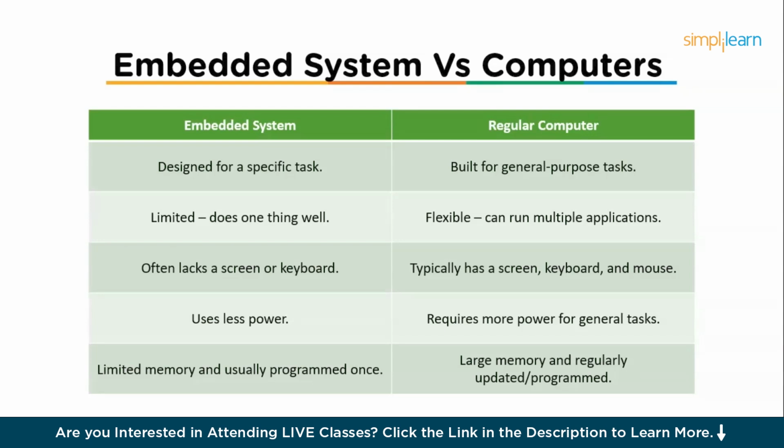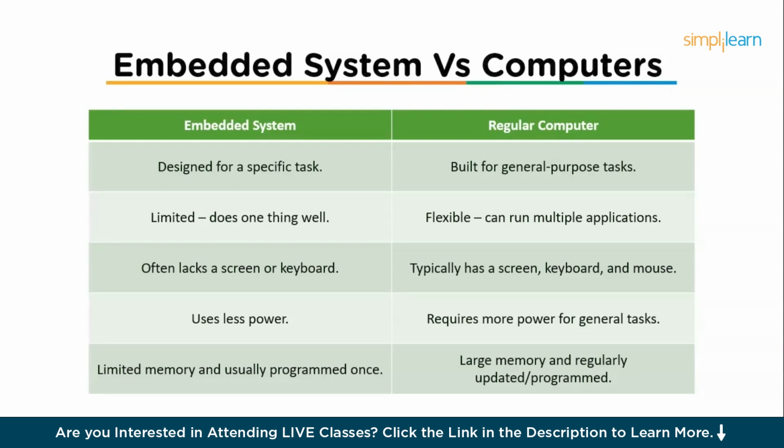Embedded systems often lack a screen or a keyboard, but a regular computer typically has a screen, keyboard, and a mouse. Embedded systems use less power, while regular computers require more power for general tasks. Embedded systems have very limited memory and are usually programmed once, whereas regular computers have large memory and are regularly updated or reprogrammed.